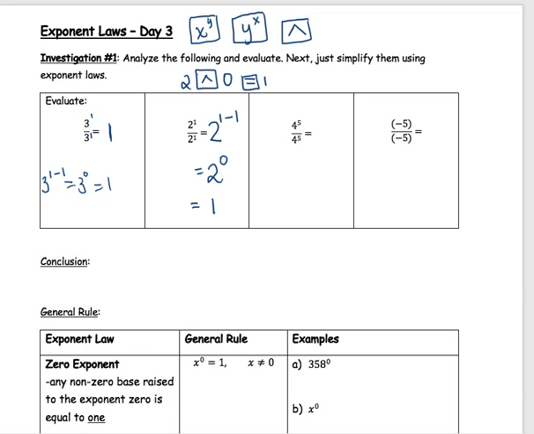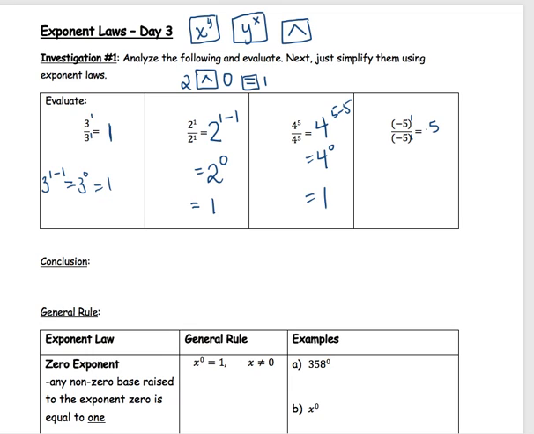All right, so try the next one. Again, do it from the standpoint of exponent laws. I don't want you to go 4 to the 5 and calculate a big number out. If I'm dividing these, that means I can subtract the exponents. So I get 4 to the 0, and we figured out that when you have an exponent of 0, you get an answer of 1. Same with this one here. There is an exponent 1 there that you don't see.